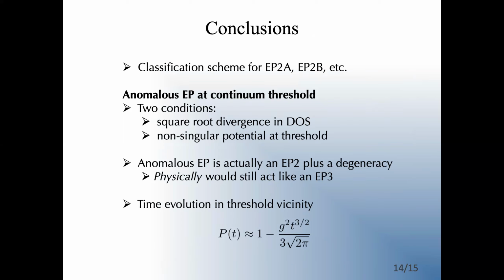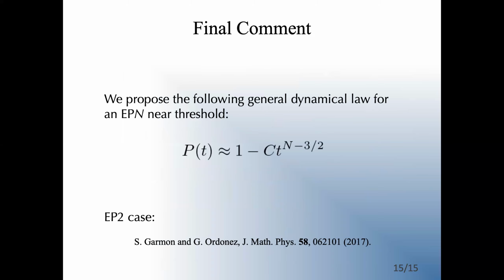However, physically, it would act just like an EP3. Then we saw the time evolution in the threshold vicinity influenced by the EP, which has this 1 minus t^(3/2) character. As a final comment, we propose the following general dynamical law for an EP near threshold. And the EP2 case is evaluated more carefully in this paper.